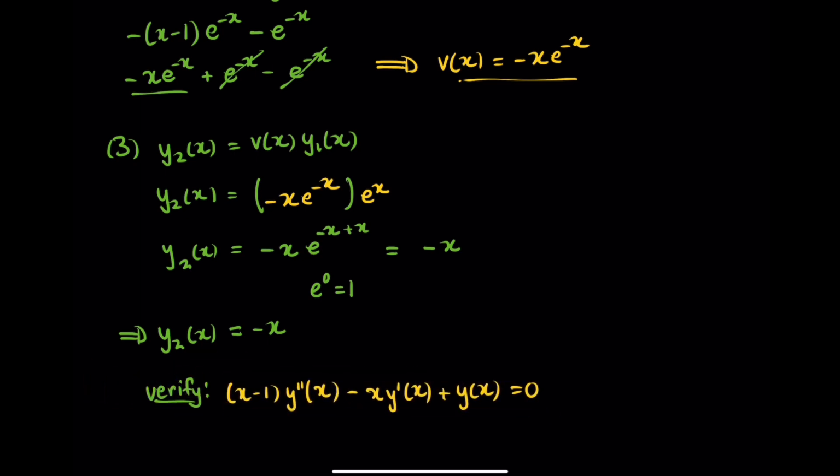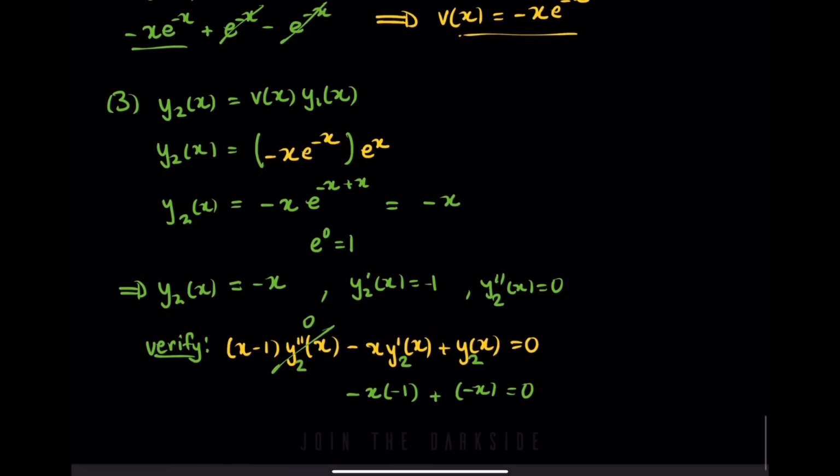If we take this differential equation, and we say, well, I know y2 is a solution, then y2 prime of x is just minus 1, and y2 double prime of x is just 0. And then, with y2 being negative x, we get negative x minus 1 plus y2 of x, which is negative x, equals 0.